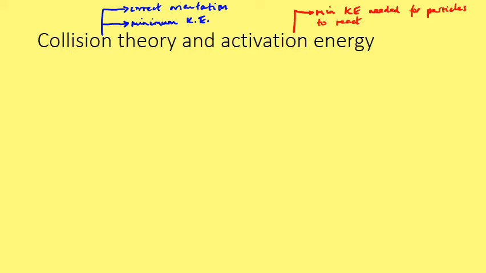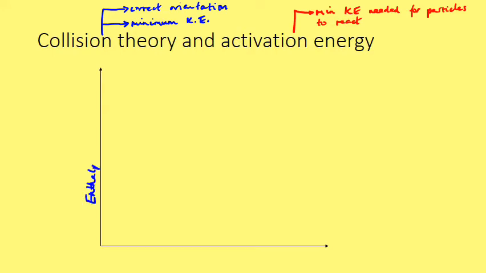Okay, so we're going to develop these two little concepts by looking at a graph. On our y-axis, we're going to have enthalpy, and on the x-axis, we're going to have progress of reaction. And by that, we just mean we're going to go from reactants to products.